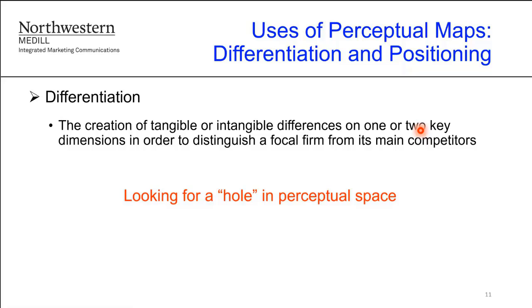From this perceptual map, we can see some hole in this perceptual space where there's no brand in that space. And maybe this hole is the place where we can differentiate our product from other products.